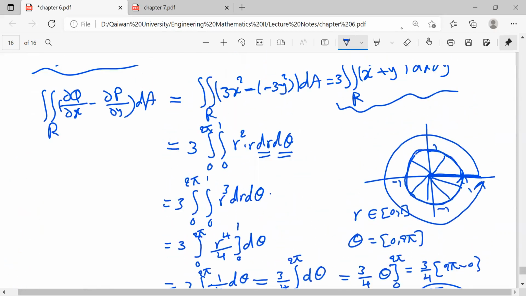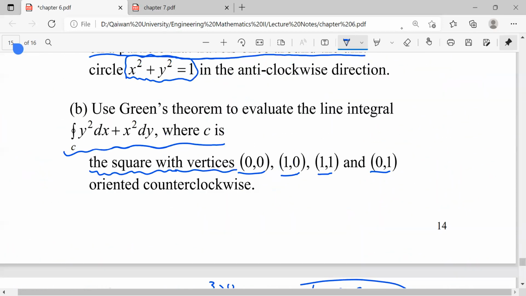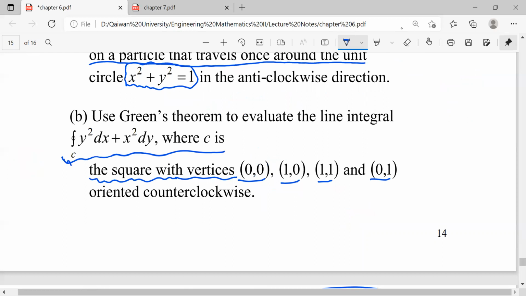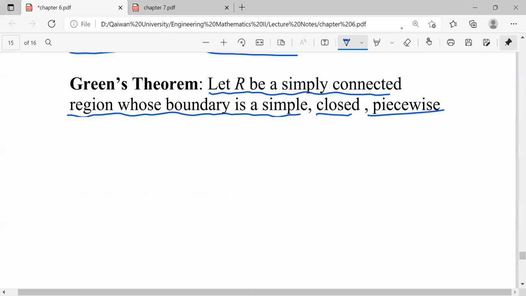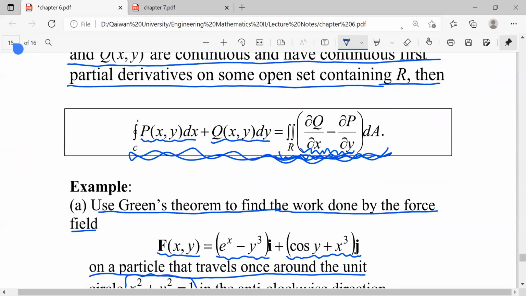Now, what we do, we compare the given integral to the rule above. We say the integration over the closed curve C, p of xy dx.